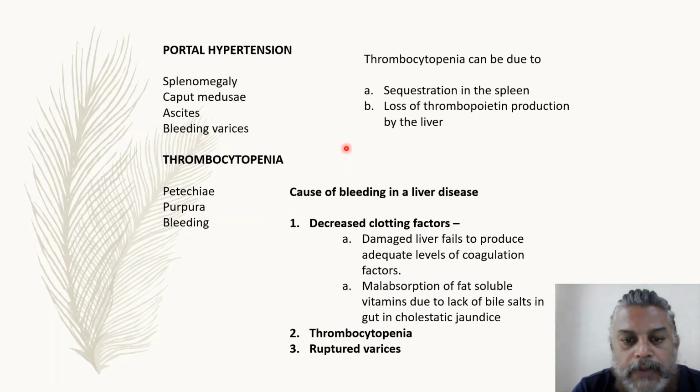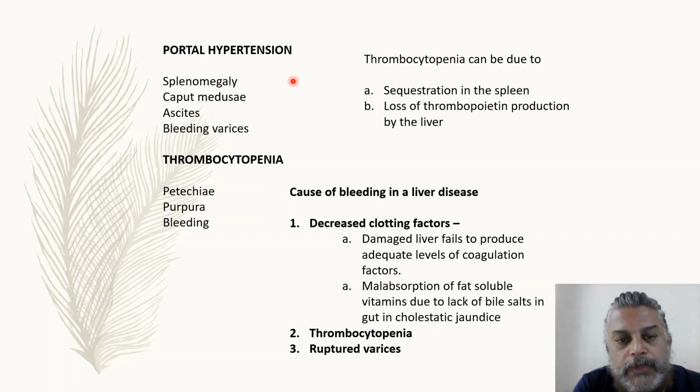Nodular liver of cirrhosis is an advanced stage from where it is difficult for the person to revert back, and the patient of cirrhosis will develop portal hypertension. We have discussed earlier that the normal portal pressure is 7 to 11 millimeter.